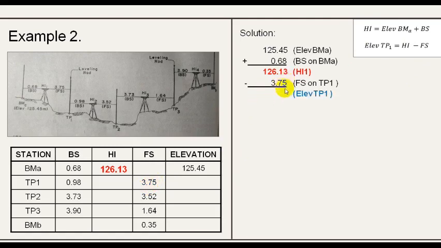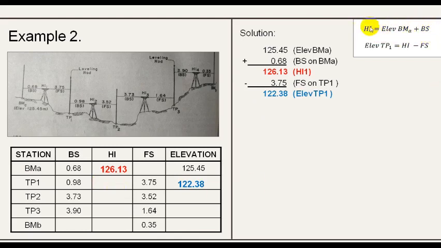And the answer here is the elevation of turning point 1, which is equal to 122.38. So we put it here, 122.38. The next step is to get the height of instrument of turning point 1.